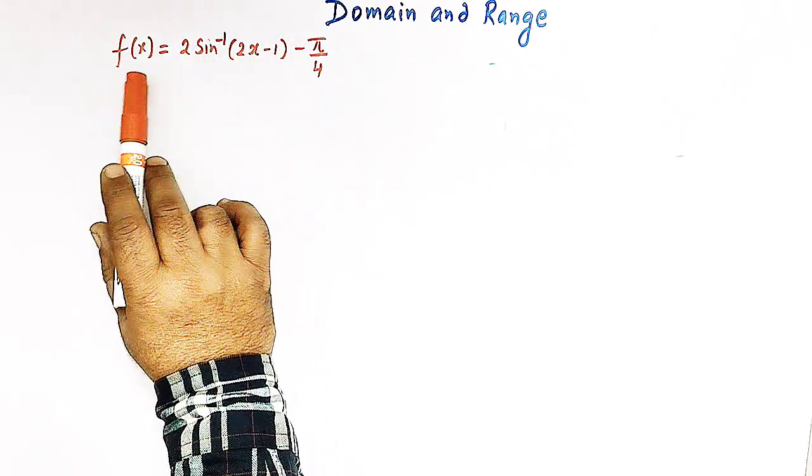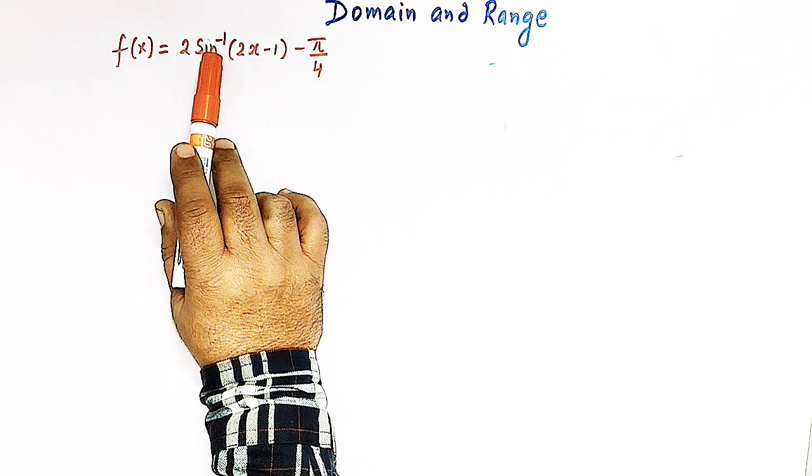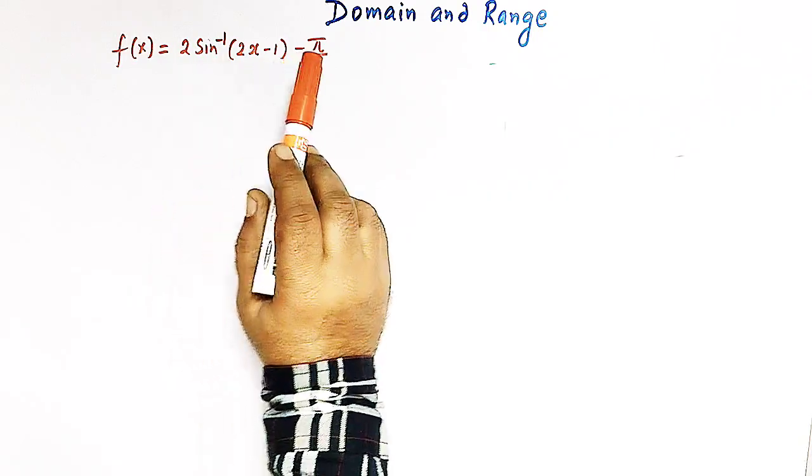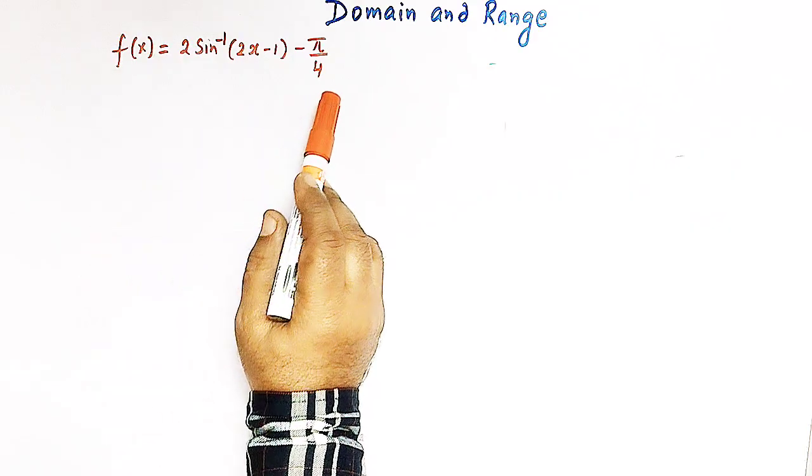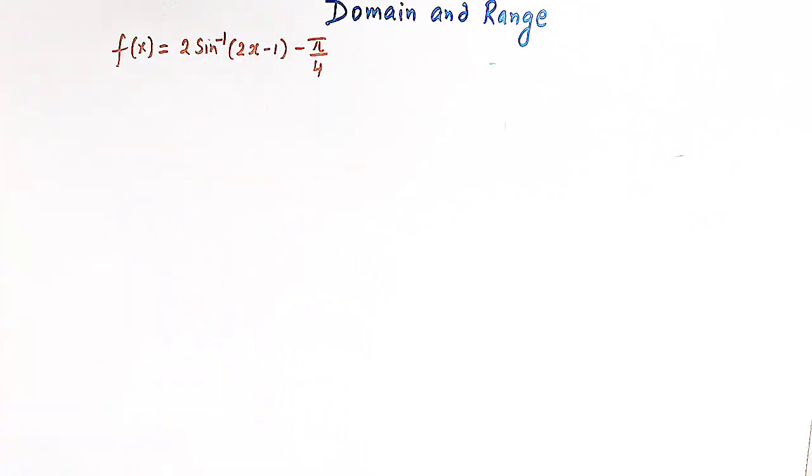So here f of x is given as 2 times sine inverse of (2x minus 1), minus pi by 4, and we'll see how easily we can find the domain and range of this function by using the concept of domain and range of the inverse sine function, right? So let us start.